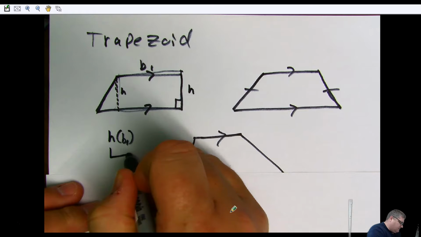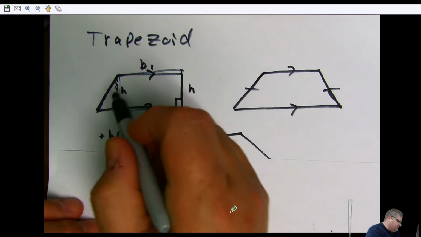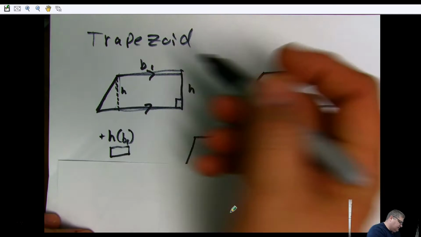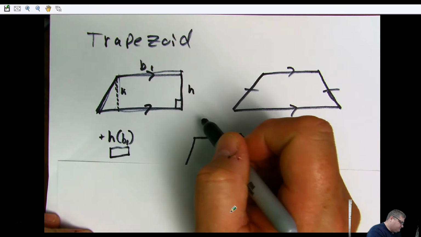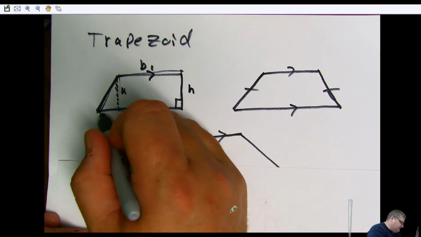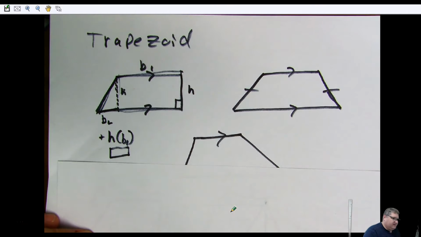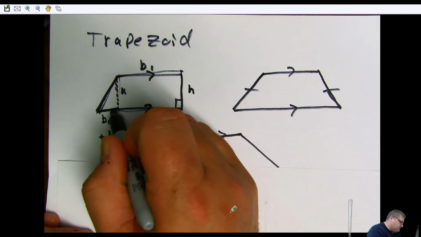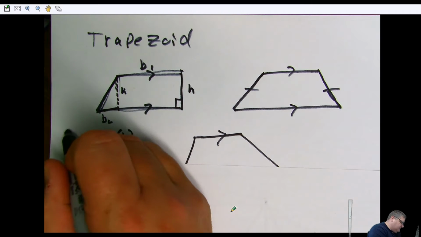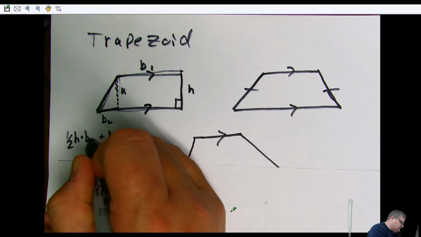That's the rectangle. Now, we need to add something to that. We need to add this triangle to it. Well, let's see here. The height of this triangle is still the same, but now we have this little base down here, little base, okay? So what we can do is say, well, this area is 1/2 of the height times the little base.